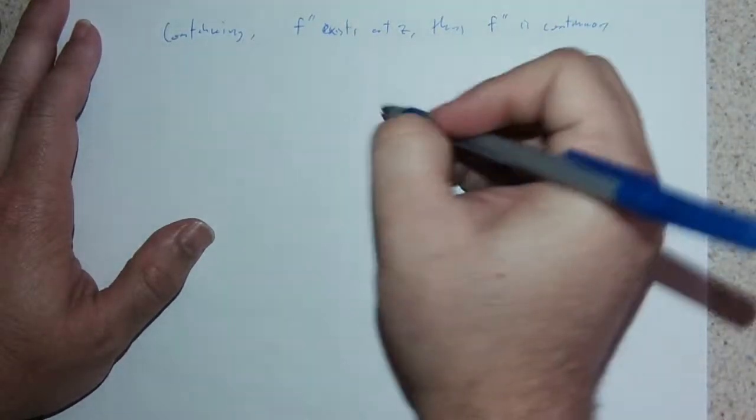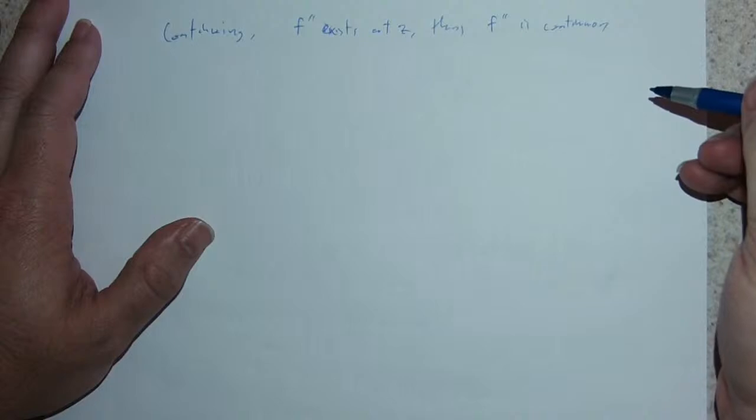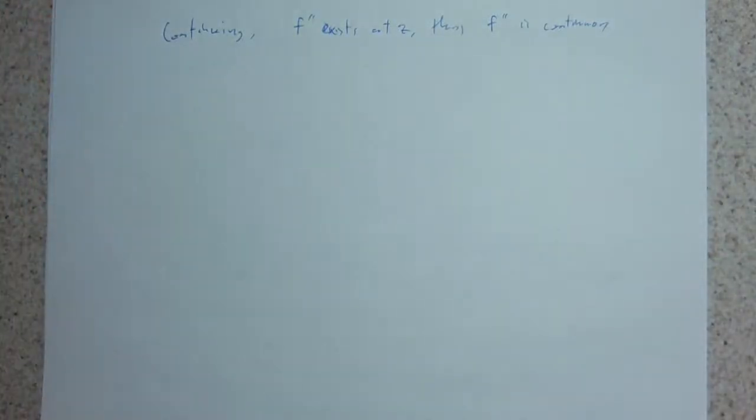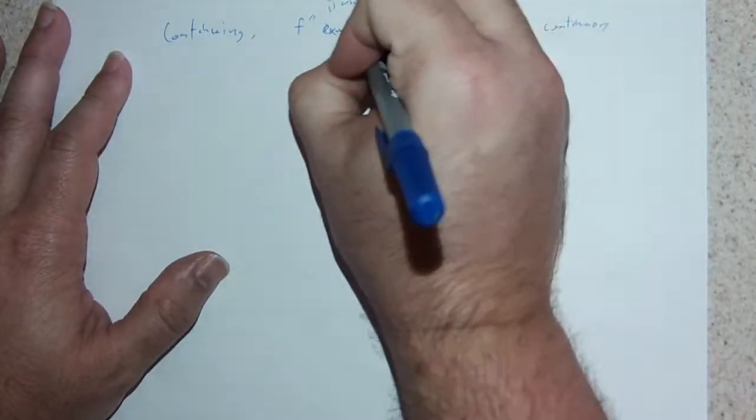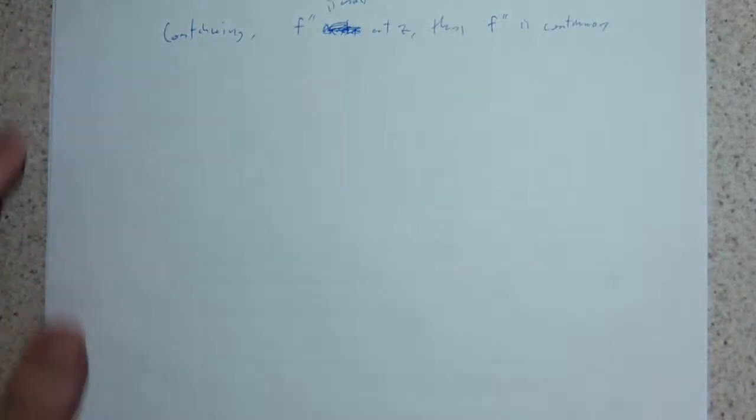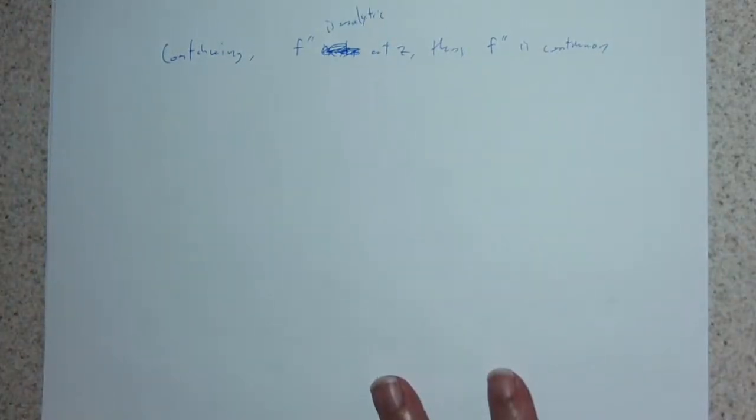Or I should say, f double prime is actually analytic, so it is analytic, more than just it exists. f double prime is analytic at z, thus it is continuous at z.